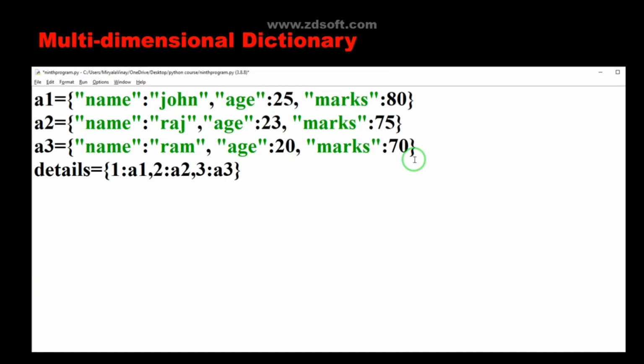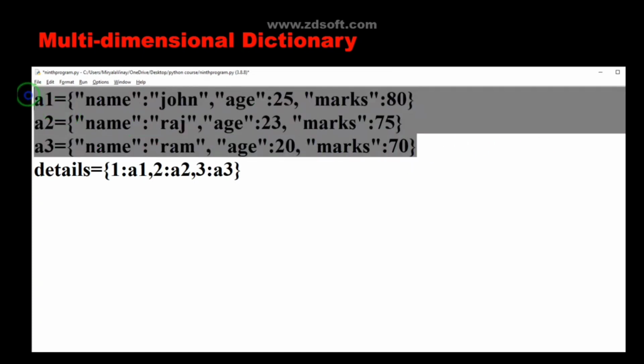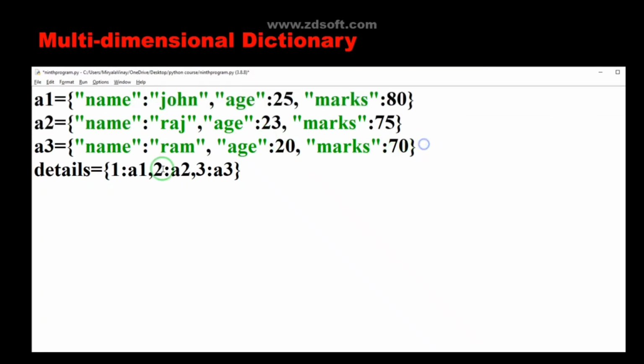As you can see guys, we have individual dictionaries A1, A2, A3 as shown here, and I am creating another dictionary called details. In details I am passing these three dictionaries as values, A1, A2, A3, and assigning unique keys 1, 2 and 3.